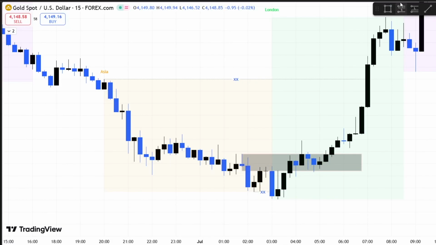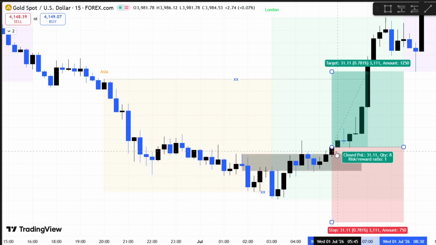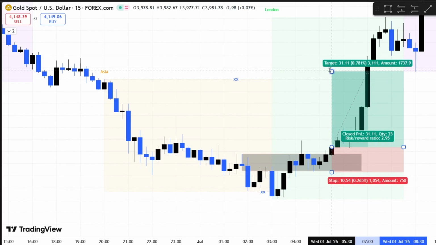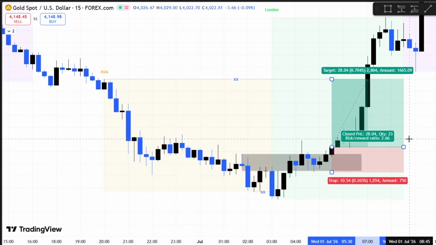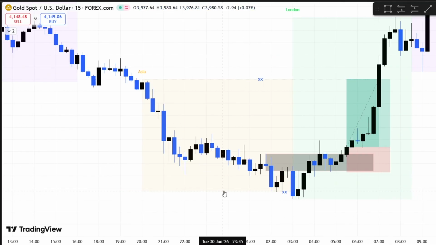We had to wait for price to consolidate. Then at the close of this, we would mark the low. This is the low we had, so we'll take our nice 1 to 2. So this is all.